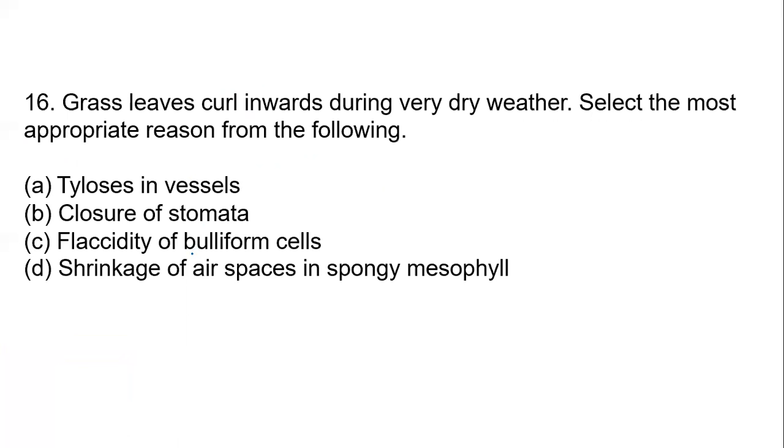Which is the correct answer, everybody? You will see that the leaves curl inwards due to the flaccidity of the bulliform cells. The bulliform cells change into a flaccid condition, which makes the leaves curl inward.